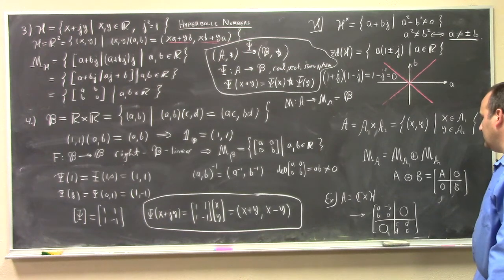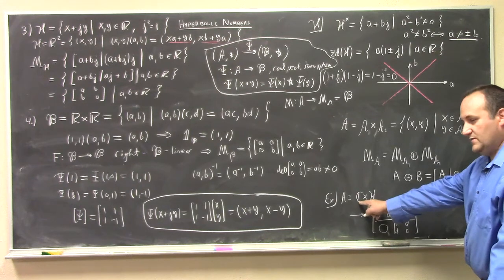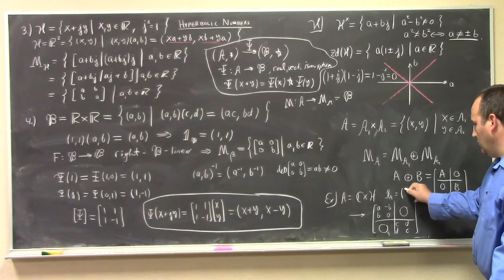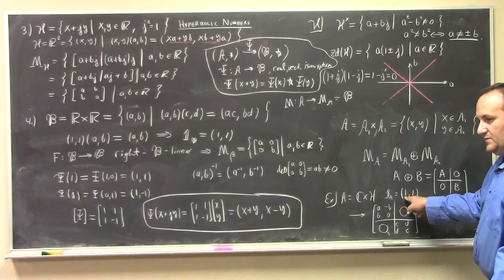So in this space, what does the identity look like in this example? It would look something like (1, 1). But you've got to understand that that's the 1 of complex numbers, and that's the 1 of hyperbolic numbers. Oh, okay.